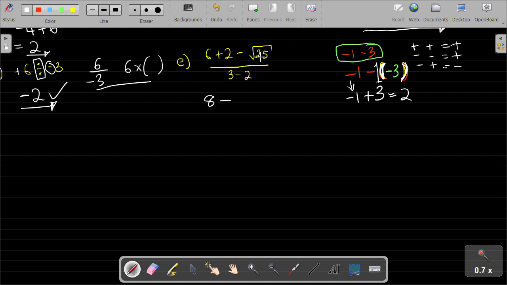So the square root of 25 is 5. It's not a positive 5, but in this case, it is a negative 5. Okay, please don't write positive. That is not correct. And then divided by 3 minus 2, which is 1. So that's going to equal 3 over 1, because 8 minus 5 is 3, and that is going to equal 3.